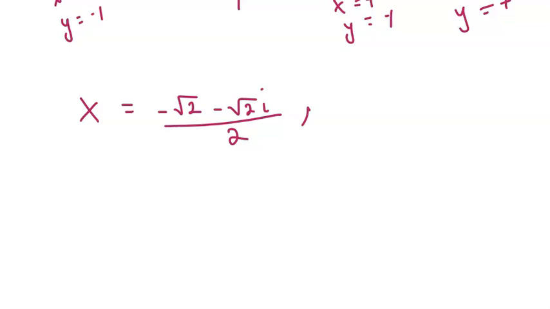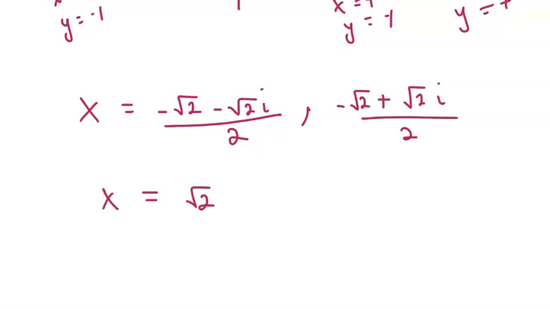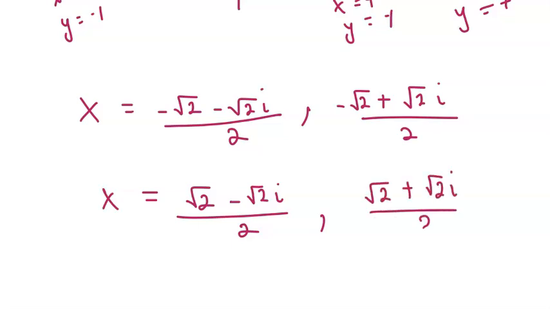We have here negative root 2 plus root 2 i divided by 2. We have here root 2 minus root 2 i divided by 2. And for here, we have root 2 plus root 2 i divided by 2.